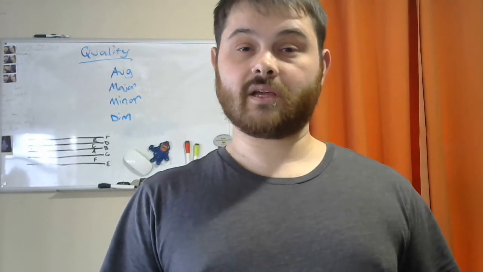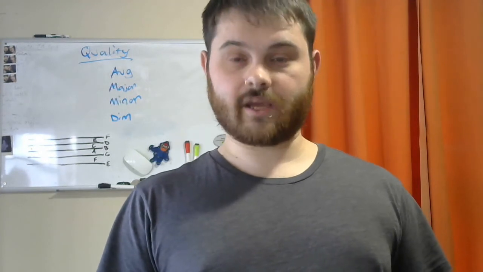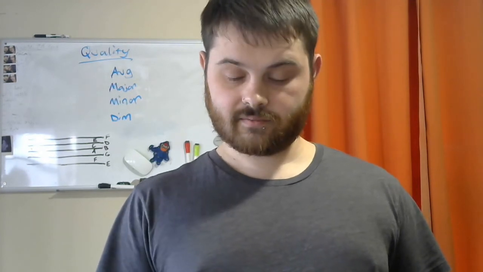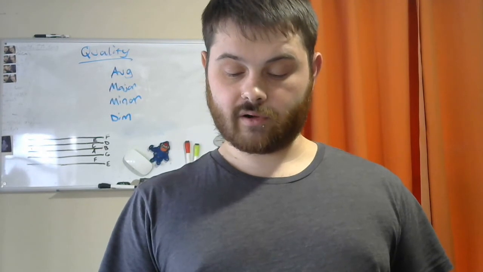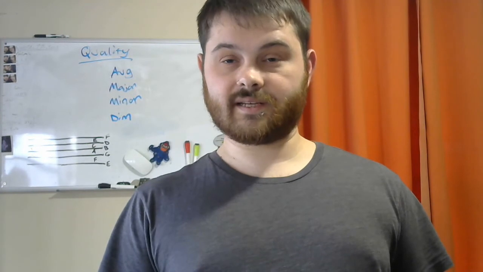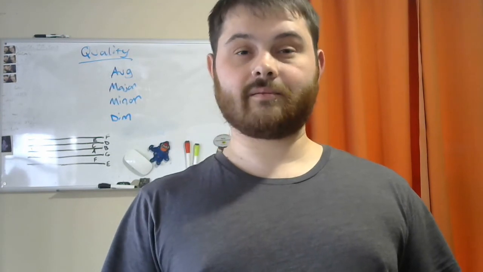So C to D could be called a major second, because it's two letter names and it's two half steps, or it could be called a diminished third if we called it C, E double flat.